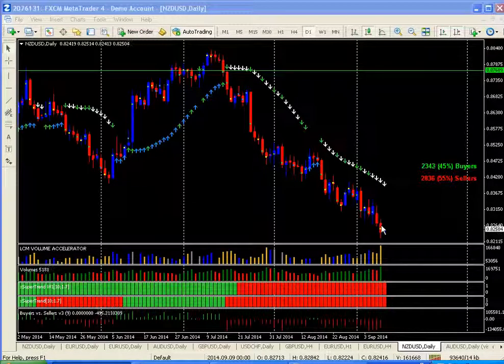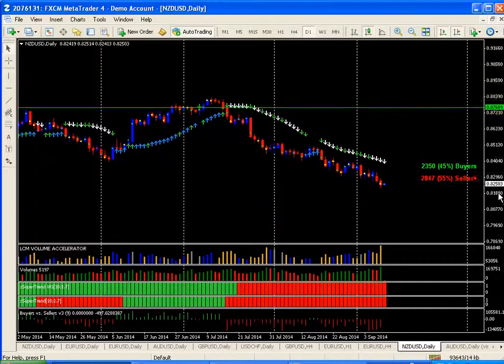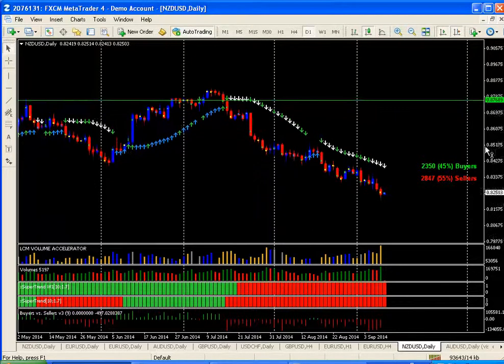So in this case, we need to see where new selling will enter the market. We want to look for short situations, but we want to get in short when selling is entering the market. If we look down here, we can't see where selling is entering the market.